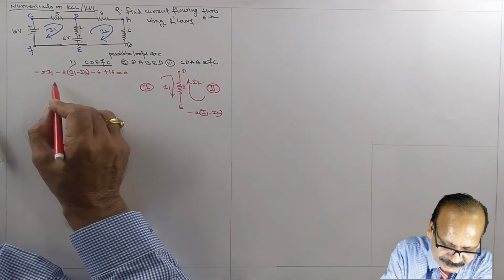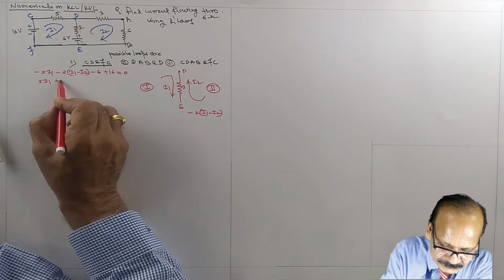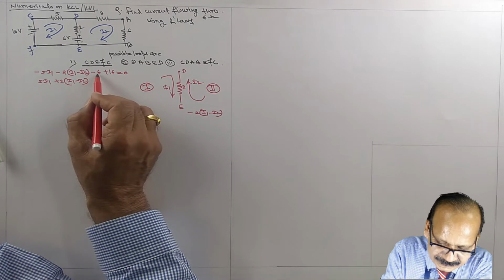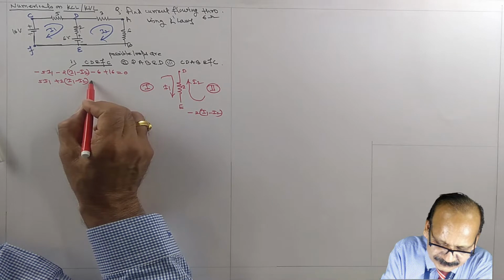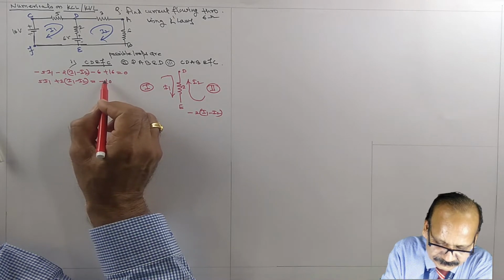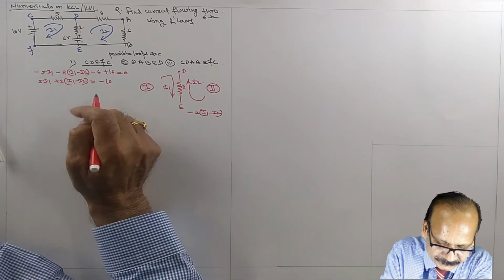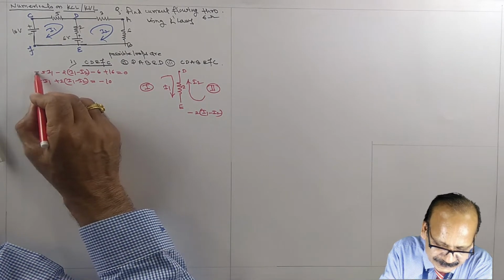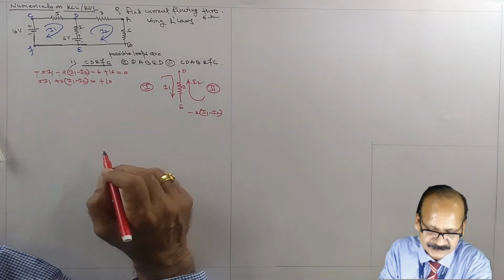So simplify this one. It is 5I1 plus 2 times I1 minus I2, and this is actually plus 10. If you take plus 10 on the right hand side, it will be minus 10. This negative all will become plus, and this will be minus 10.